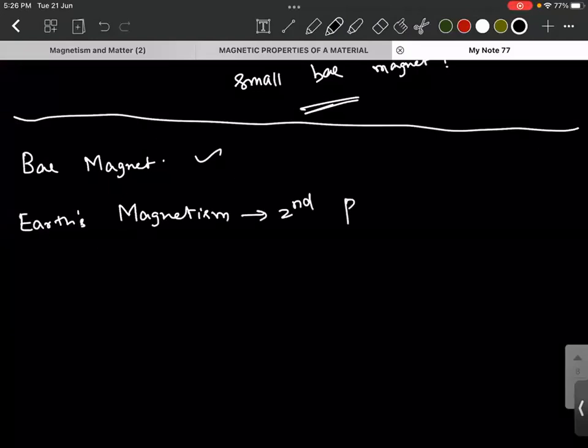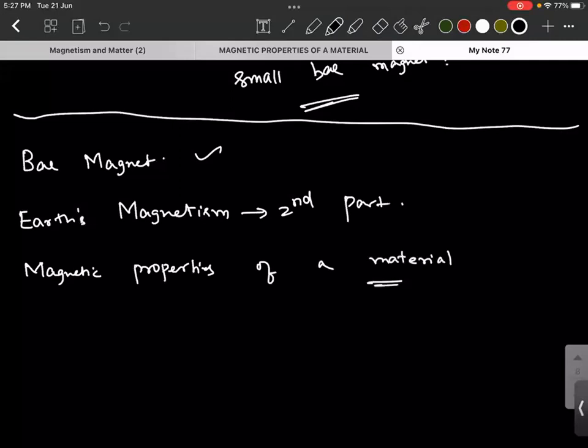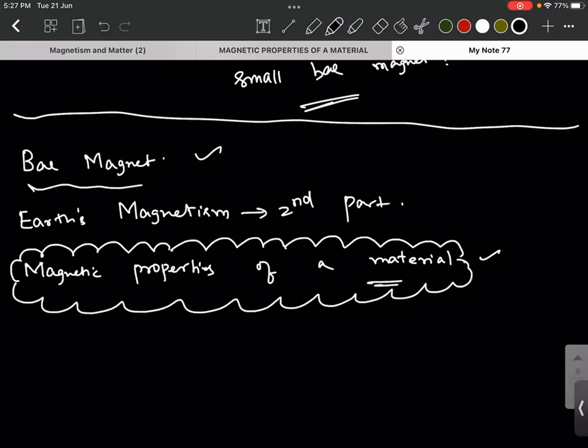And the third part is called magnetic properties of a material. So we are done with the first part. Now we are going to discuss the magnetic properties of a material. Then we will go to Earth's magnetism.